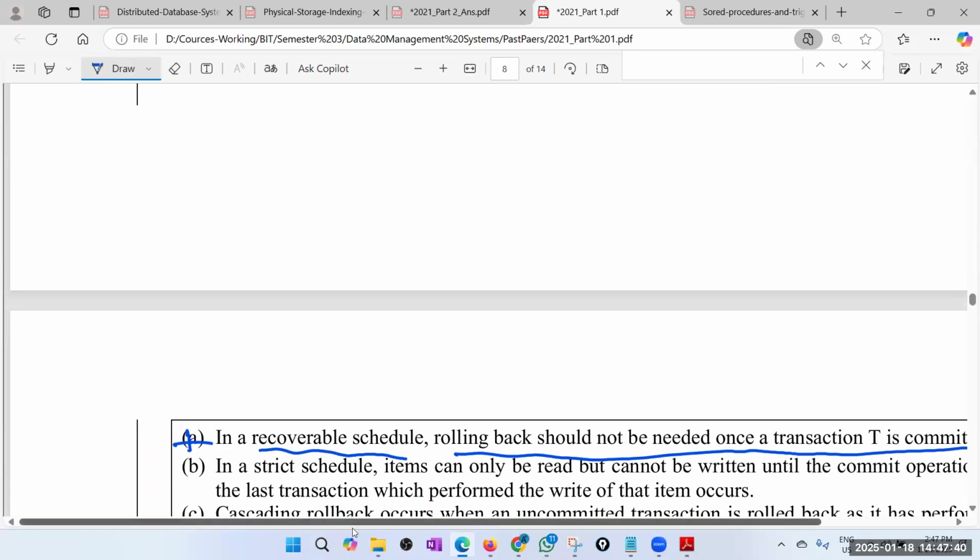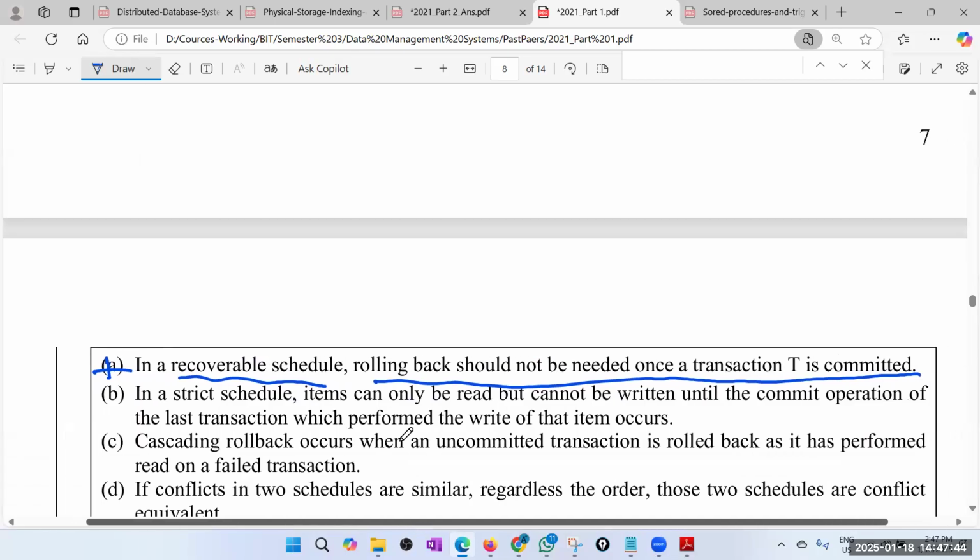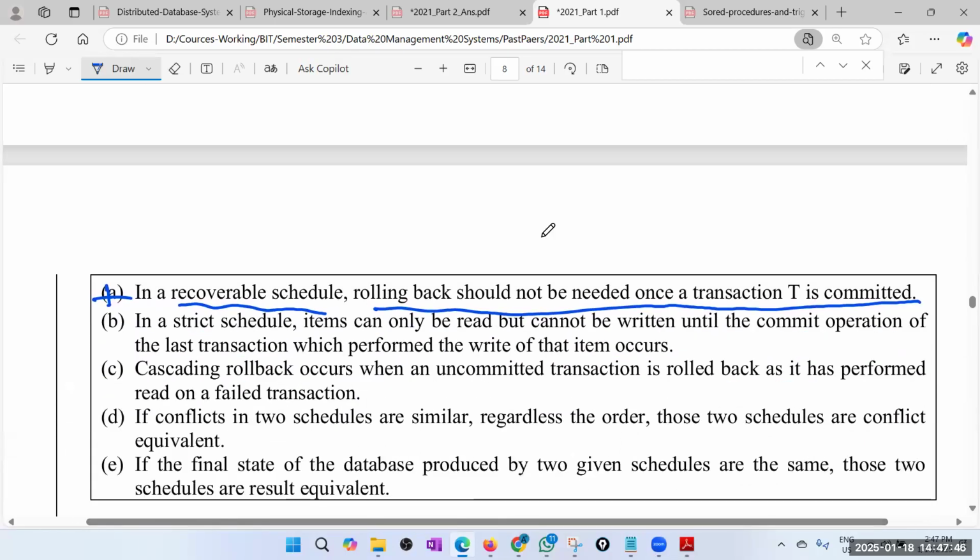Rolling back should not be needed. Okay. Because it says should not be. B. In a strict schedule, item can only, actually is this an out-of-syllabus question?